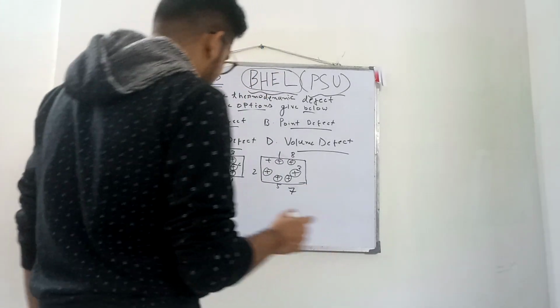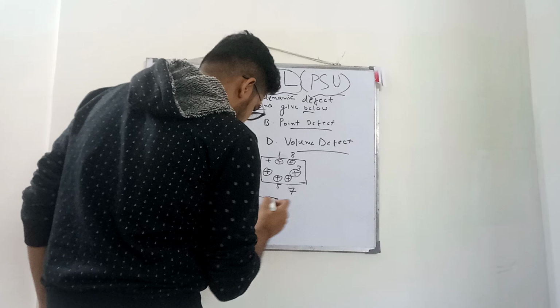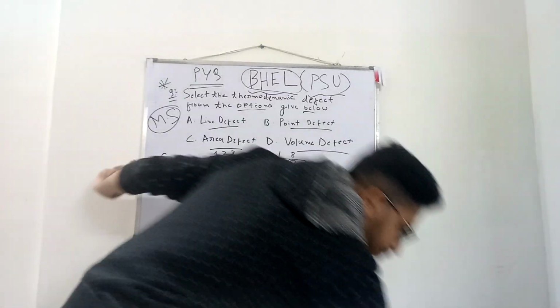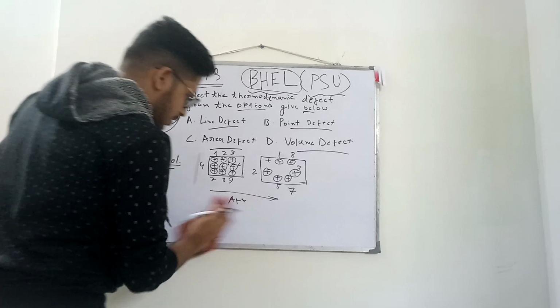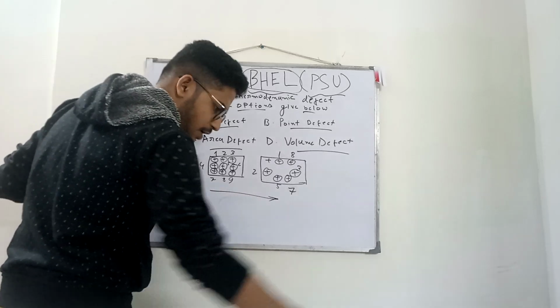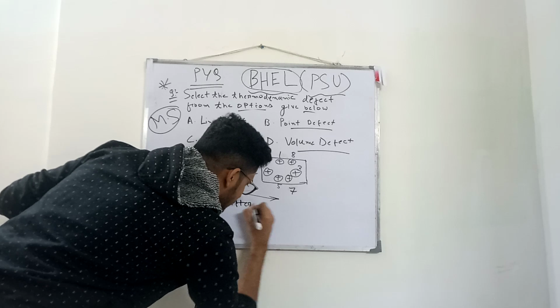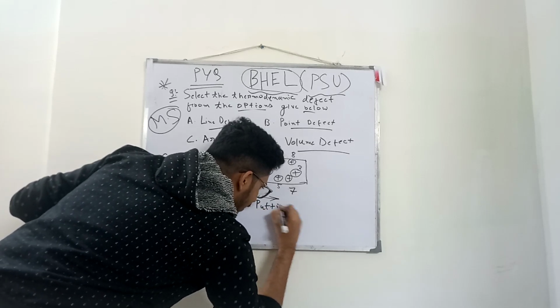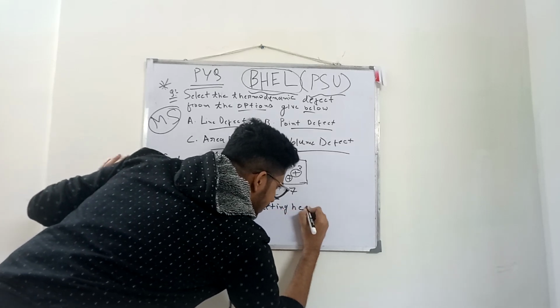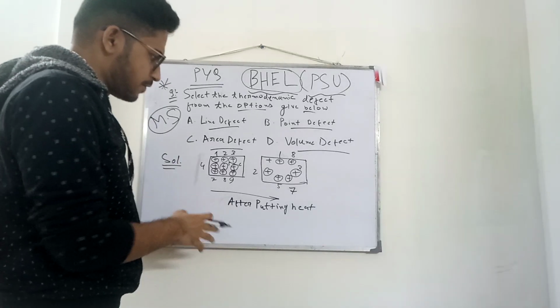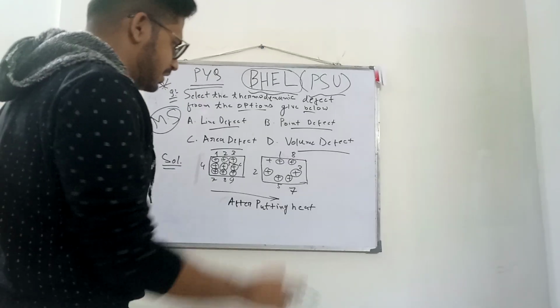After putting heat, the atoms of this material move from their initial position to another position. This is how some kind of defect occurs in the material.